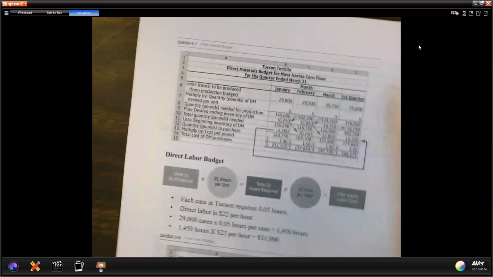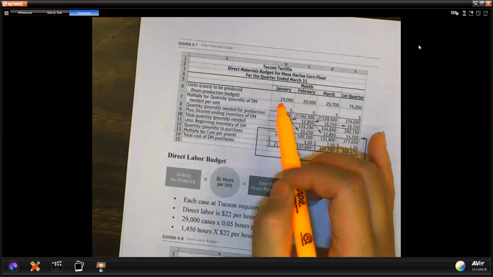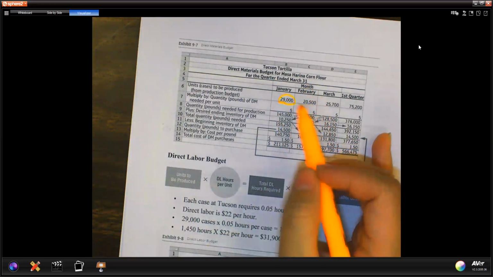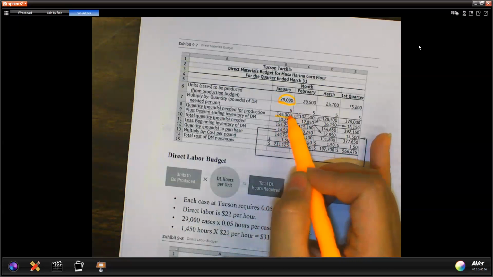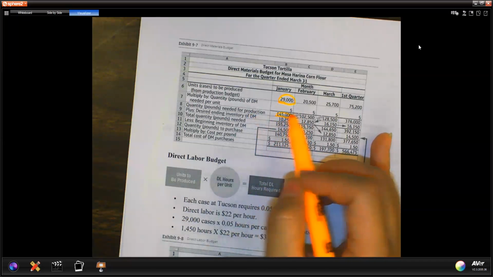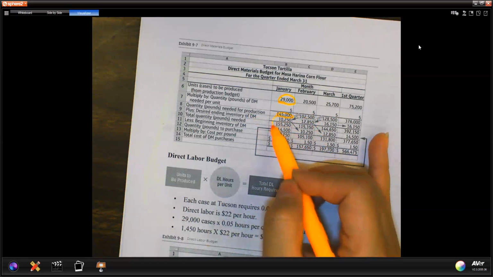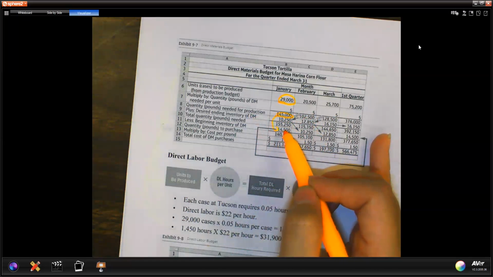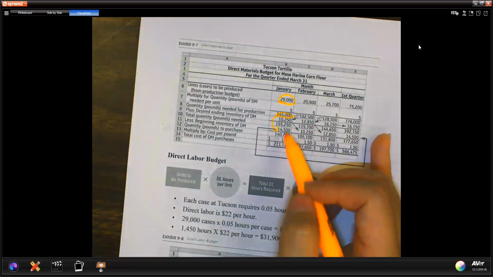I'm not going to repeat, but for the direct material, you said, hey, January, you have to produce this much, and each unit you need 5 pounds of material. So in total, you need 145,000 pounds. And you need the next month's 10% as this month's ending inventory. You need 10% of this month as your beginning inventory of direct material. Now focus on direct material.